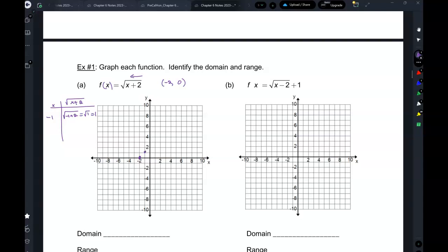So that works. Is 0 a good number to pick? No, because then you get 2 underneath. Is 1 a good number to pick? No, because you get 3 underneath. Is 2 a good number to pick? 2 is a good number because you get 2 plus 2 inside, root 4, that's 2. So 2, 2.